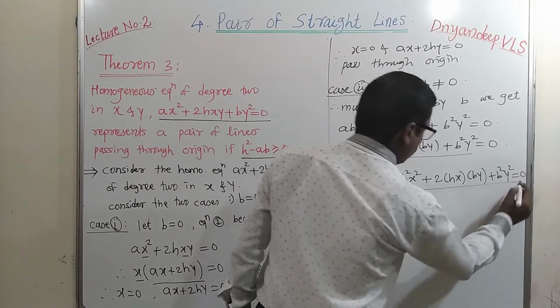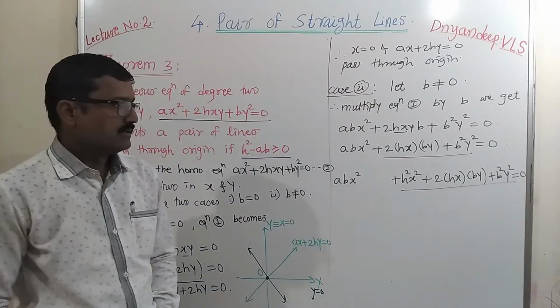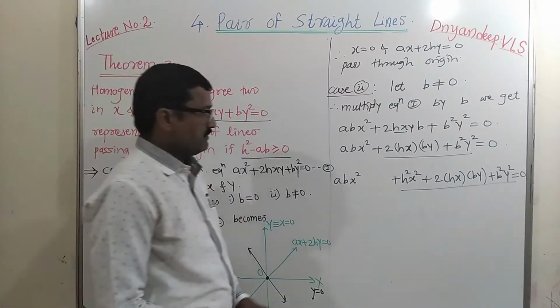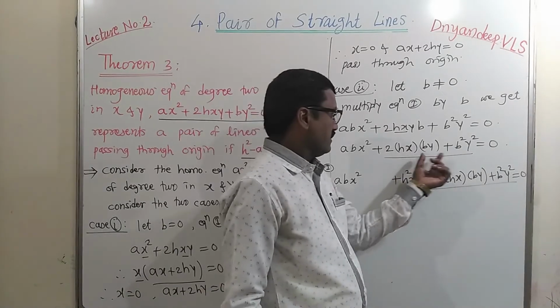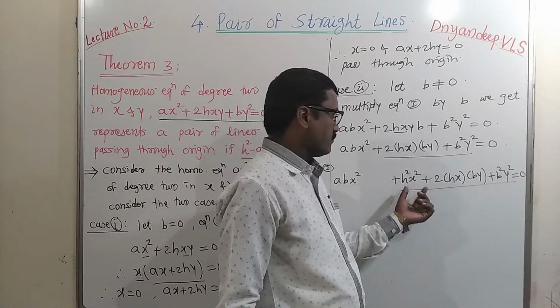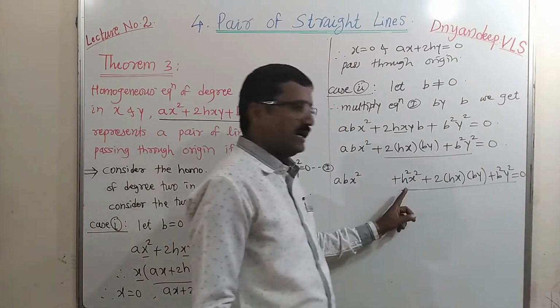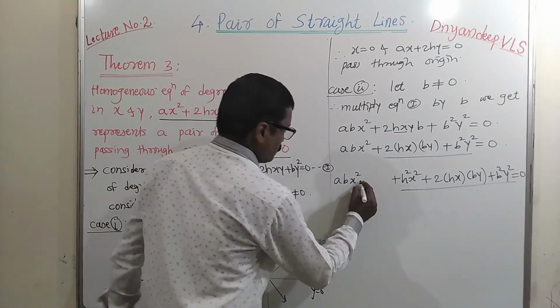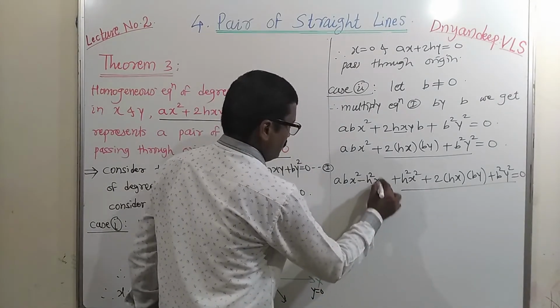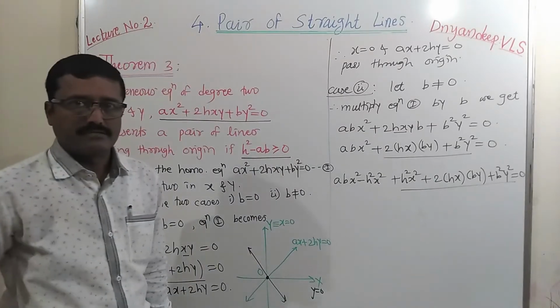That means this will become a complete square. Is it okay? Are you getting my point here? Here we are adding h square x square so that this will now become a complete square. As we are adding h square x square, subtract also. So it is h square x square minus.